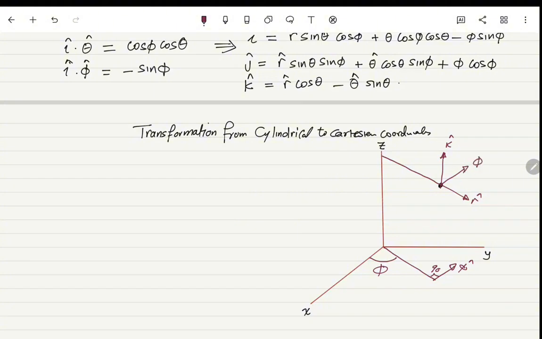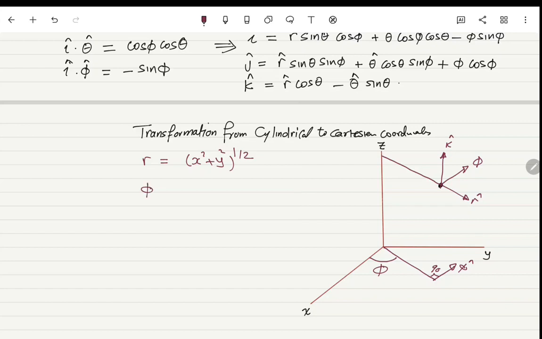We would like to transform from cylindrical to Cartesian. Therefore, r in this case, this r here, it has two components because it lies in the xy plane only. So r is equal to x squared plus y squared to the power half.